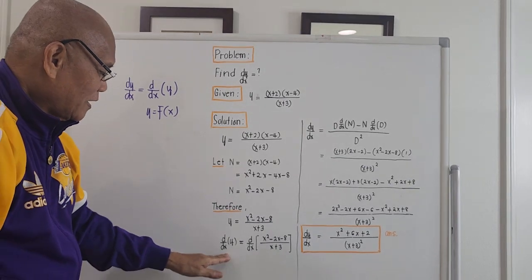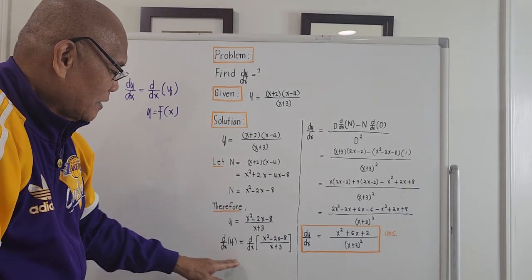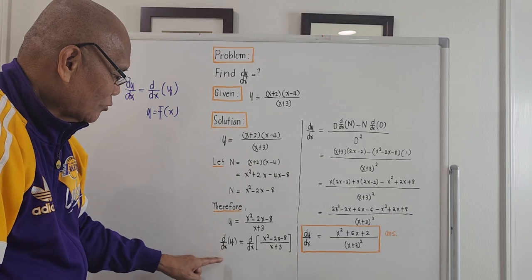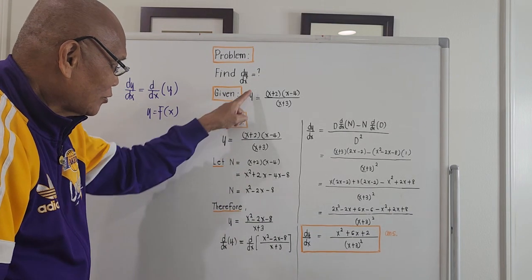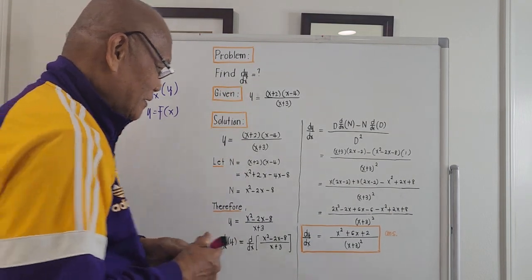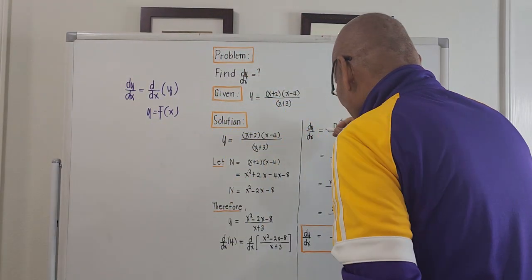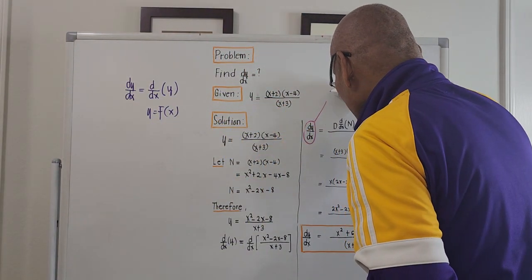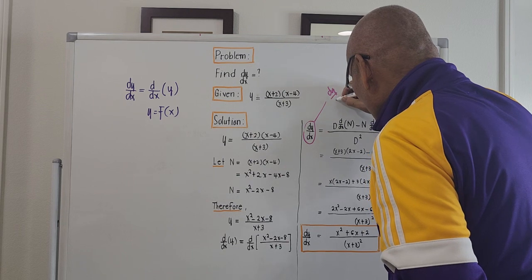What you do on the left, do it on the right. And the derivative with respect to x of y is actually the one we are looking for, that is dy/dx. The one we are looking for, dy/dx.